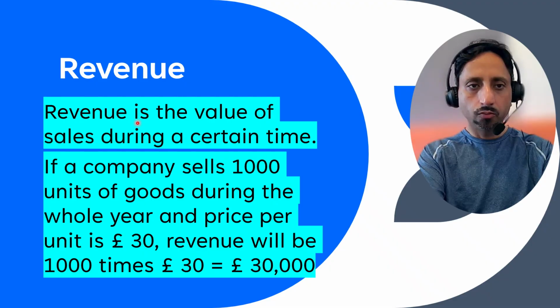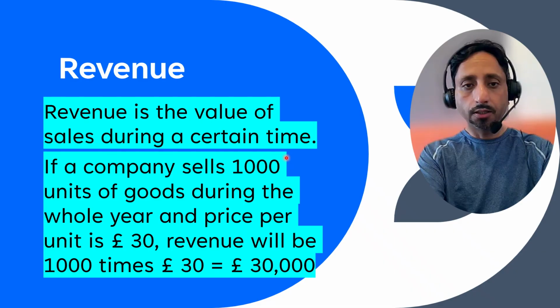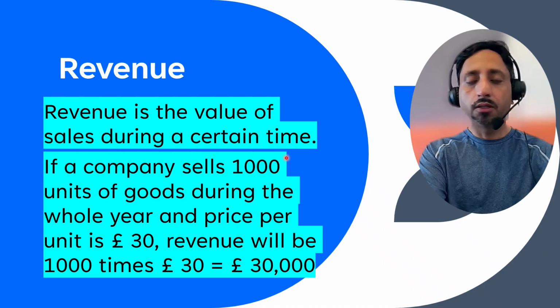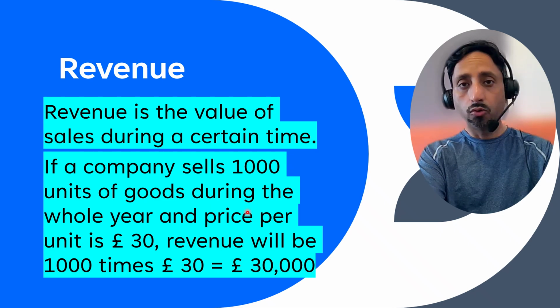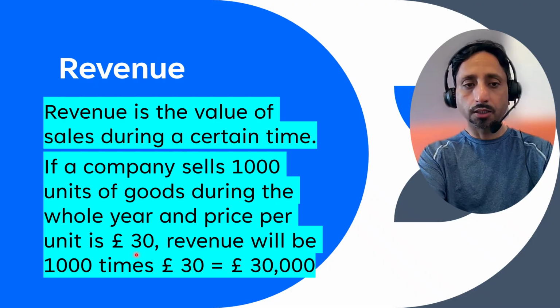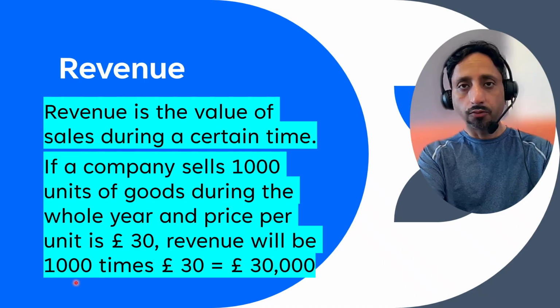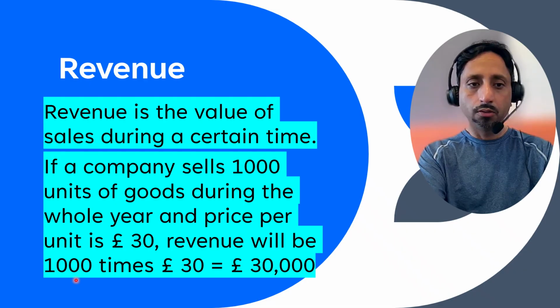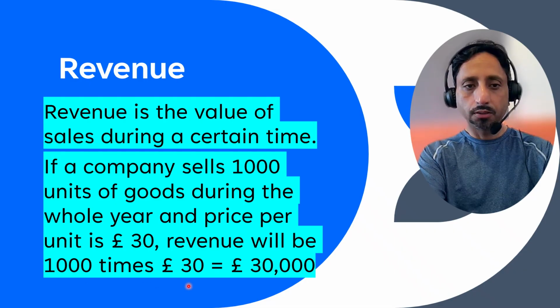Now, what is revenue? Revenue is the value of sales during a certain time period. So, for example, if a company sells 1,000 units of goods during the whole year, and the selling price of the unit is £30, that is, £30 is the price of one unit sold, then to calculate the revenue of that corporation, you'll multiply £30, that is per unit selling price, multiplied with the number of units sold in a certain time period.